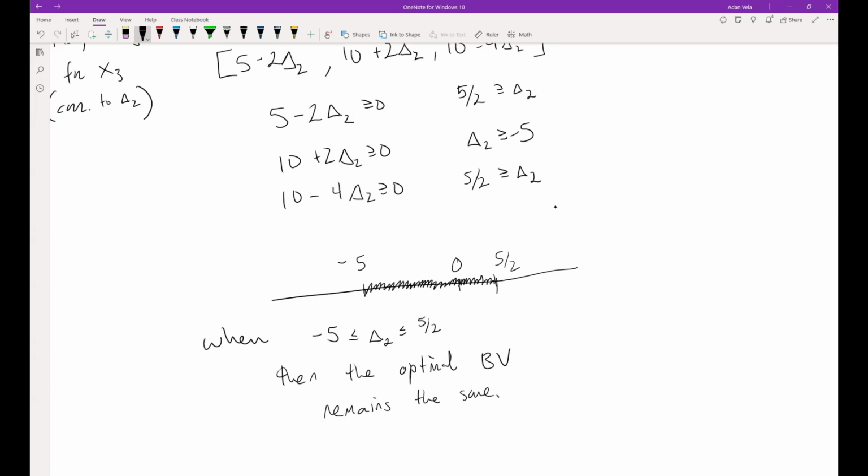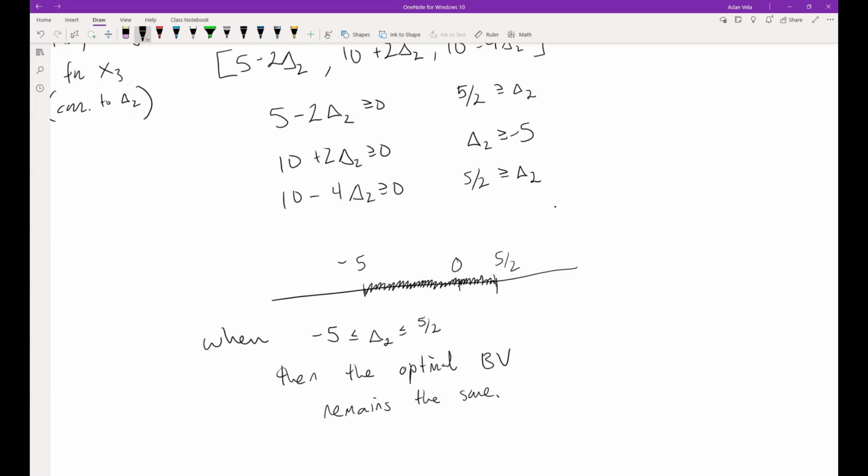Okay. So if delta 2 ever becomes more negative or more positive, then our solution will change, right? If delta 2 becomes negative, or it loses value, then maybe we shouldn't make toy trains anymore. So one way we'd stop making toy trains is if we don't make as much profit anymore.